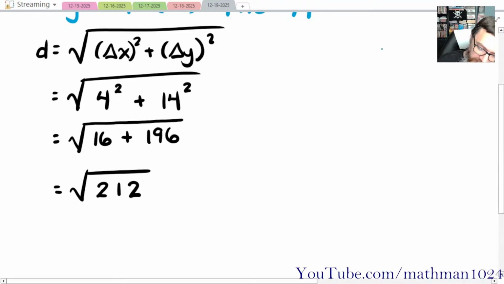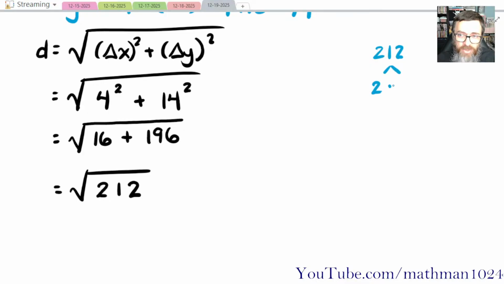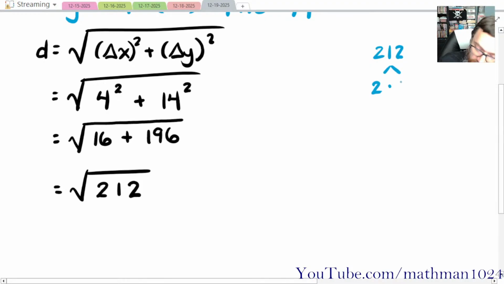Go off to the side and take the number 212 and start breaking it down, starting with the smallest prime number, which is 2. 2 goes into 212. Think about it, let's do easy math. You're dividing by 2, so half of 200 is 100, half of 12 is 6. So half of 212 is 106.